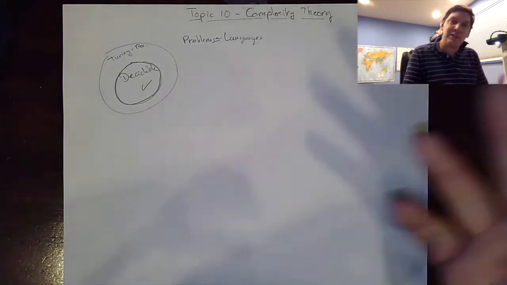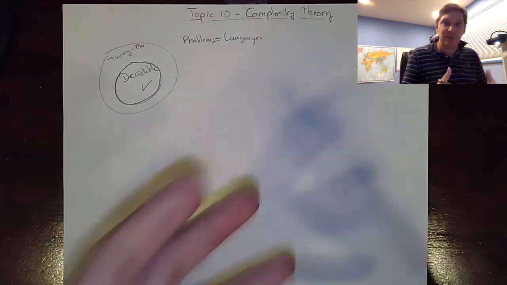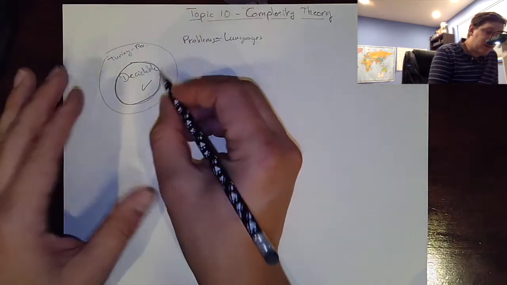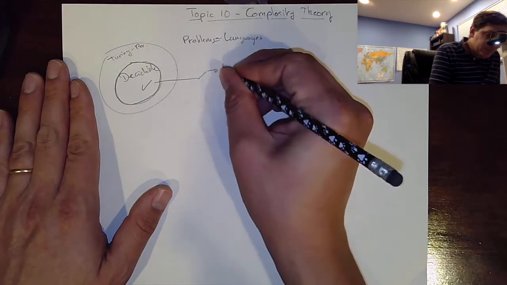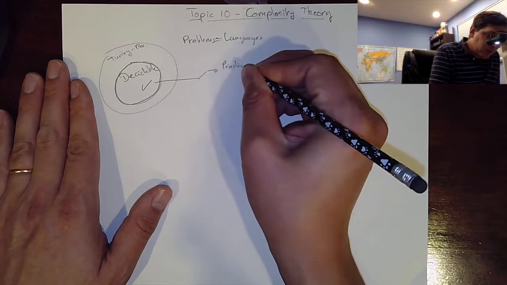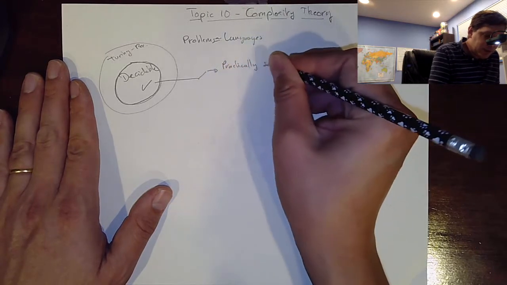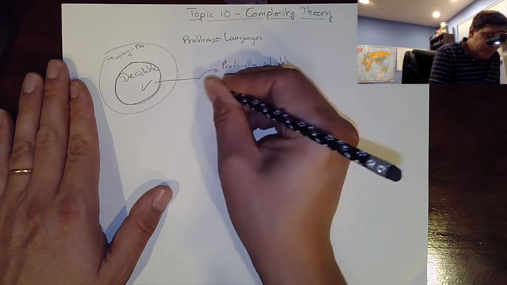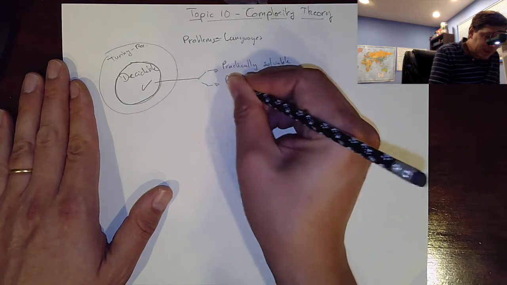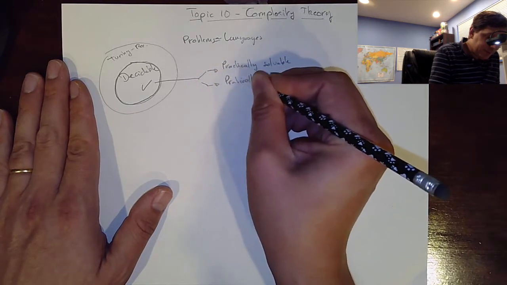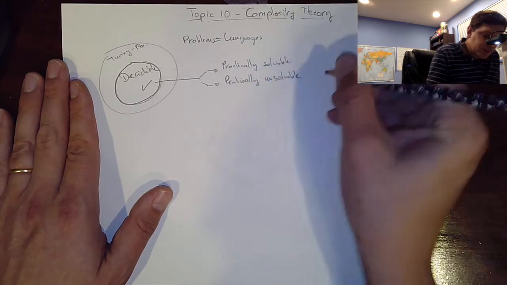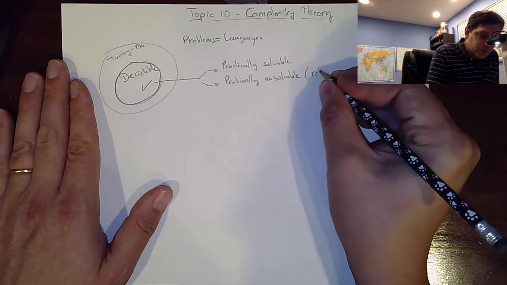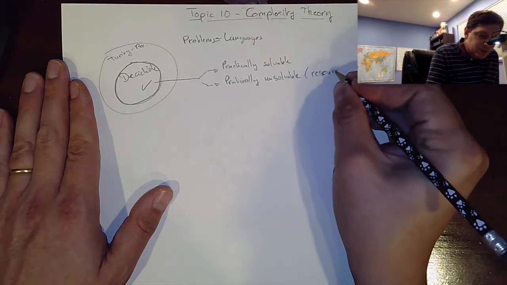So we need to distinguish, among the decidable problems, the ones that are practically solvable and practically unsolvable for resources issues, right?